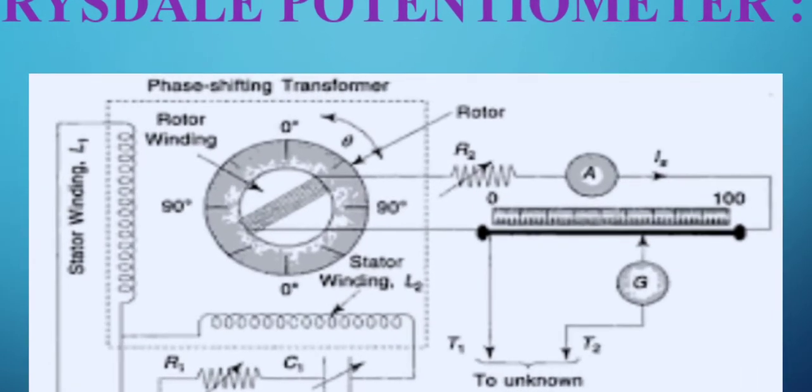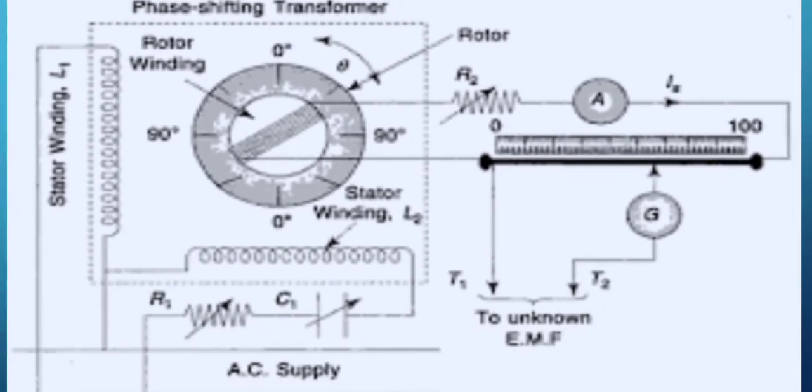This is the structure of a Drysdale potentiometer, where we have two different arrangements. One is the slide wire arrangement, meant for measuring the magnitude of the unknown voltage, and the other is the phase shifting transformer, meant for measuring the unknown voltage in terms of its phase angle.